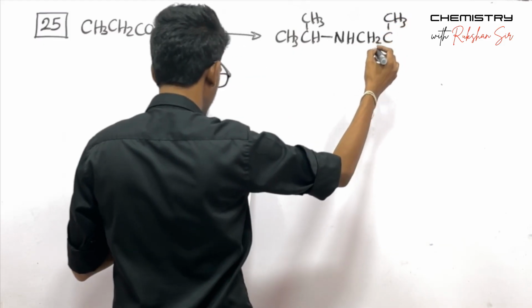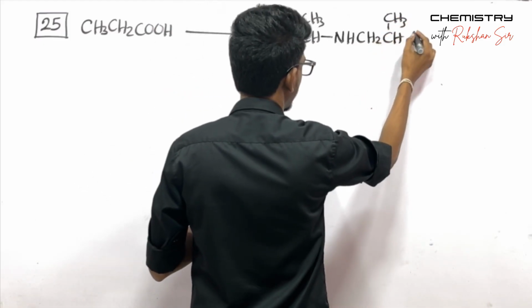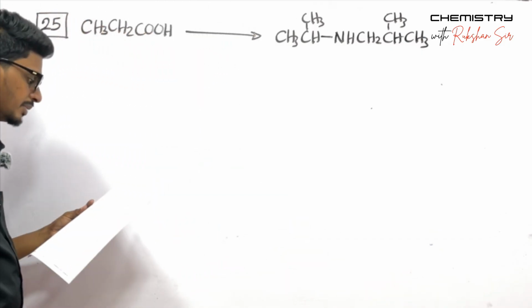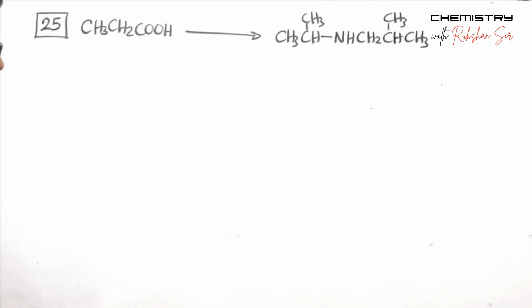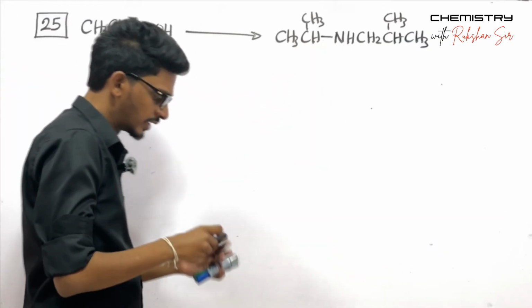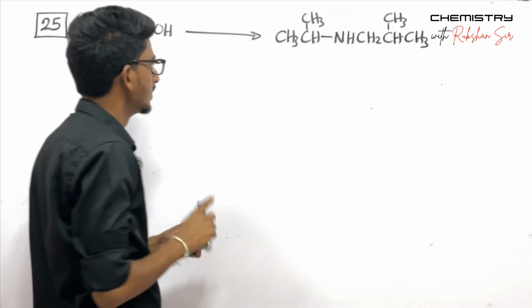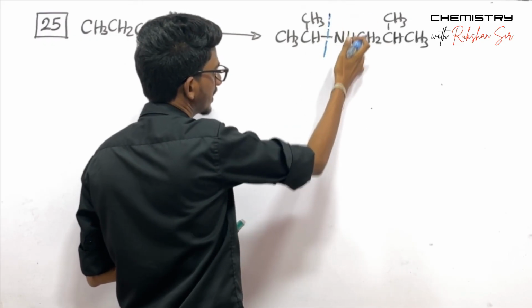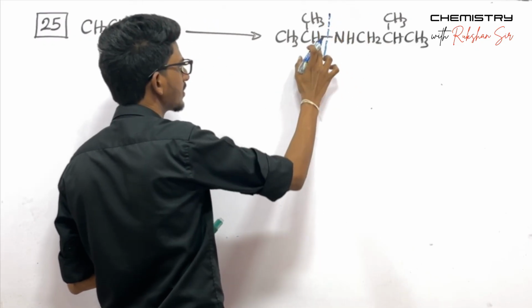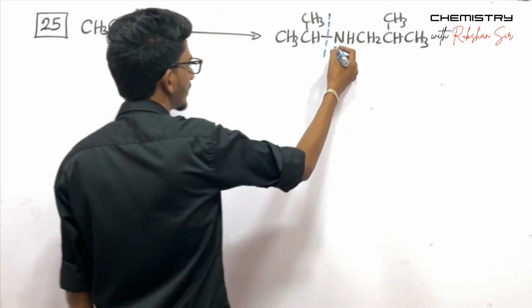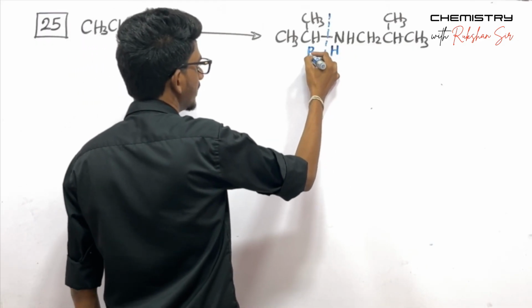So it's an amine bond to make. Amine bond, right? So you can break this one from here or here. No worries. So I'll take some hydrogen here and a hydrogen here.